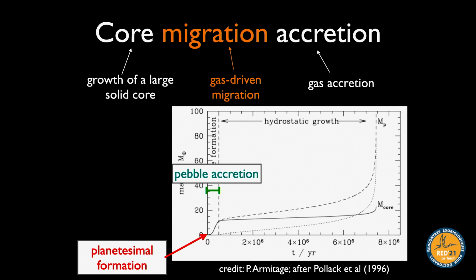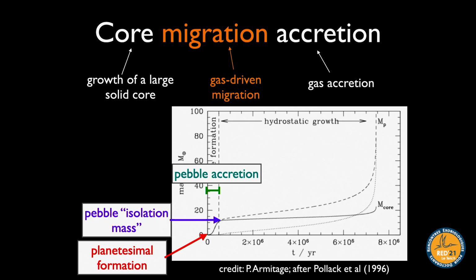Then very quickly, probably via pebble accretion, the largest planetesimals have to grow into giant planet cores of several Earth masses. Then the growth would presumably shut itself off by reaching this pebble isolation thing that we talked about earlier, where a pressure bump exterior to the growing core's orbit would trap pebbles and stop them from falling on the core anymore, I mean.